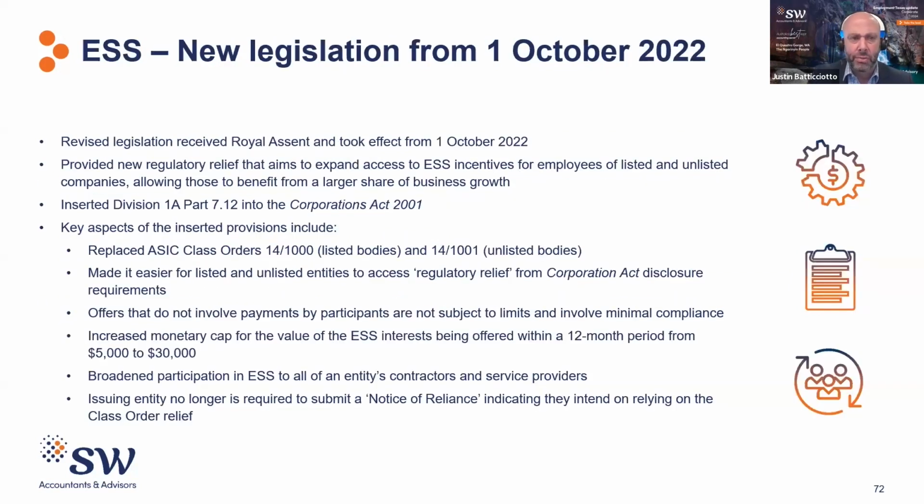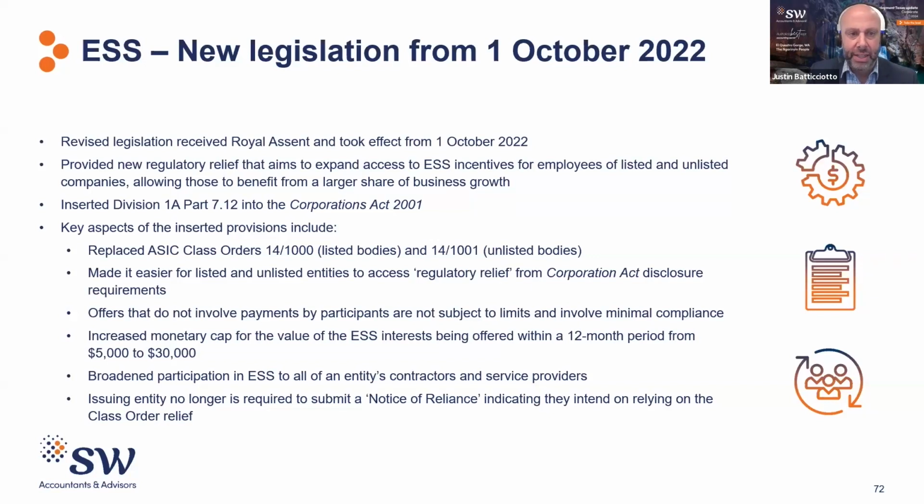My final slide is really just around being aware that there were some corporations law changes in October 2022. There was the insertion of Division 1A into the Corporations Act that replaced two ASIC orders that were originally in place.